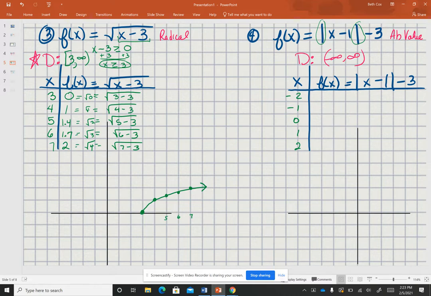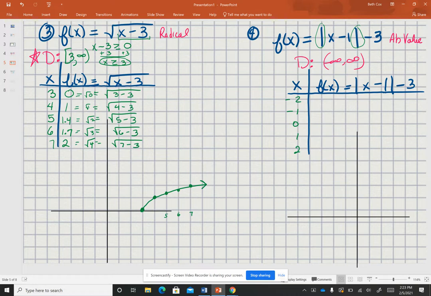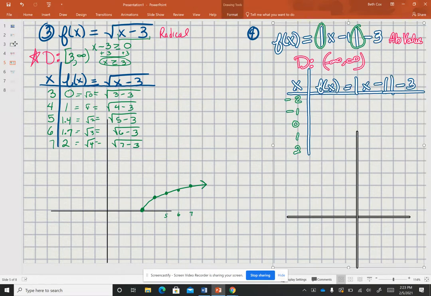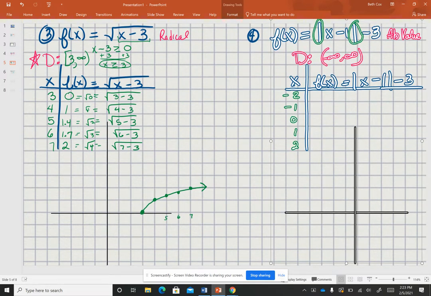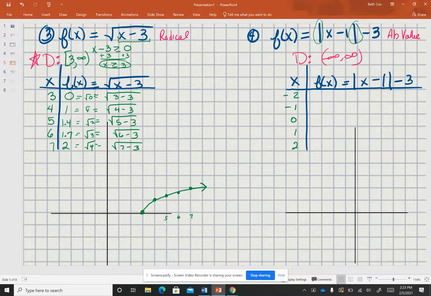So let's look at this. Oops, didn't want to do that. That kind of moved everything, didn't it? There we go. Let's get it back. All right, so I'm going to plug in -2 minus 1 in the bars, then subtract 3. -1 minus 1 in the bars, and then subtract 3. 0 minus 1 in the bars, then subtract 3. 1 minus 1 in the bars, then subtract 3.